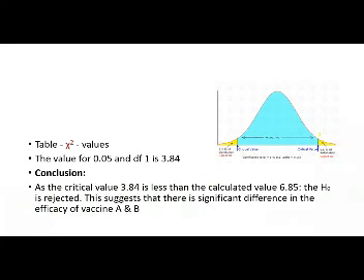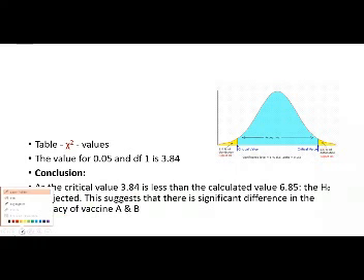Coming to this distribution, we know that this blue area is the area for accepting the null. This is the critical value place, and this yellow area is the area of rejection.